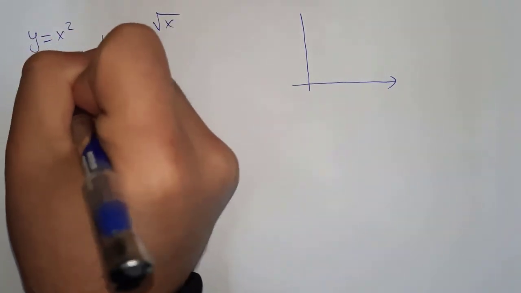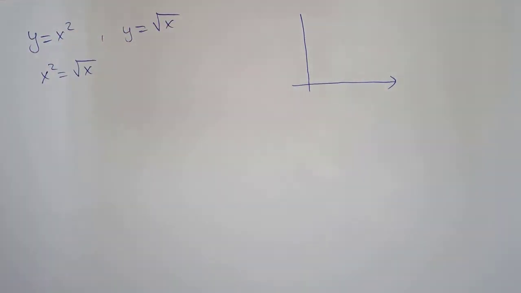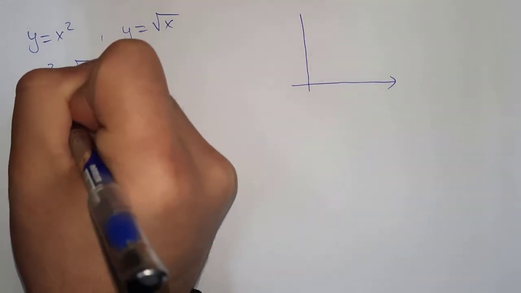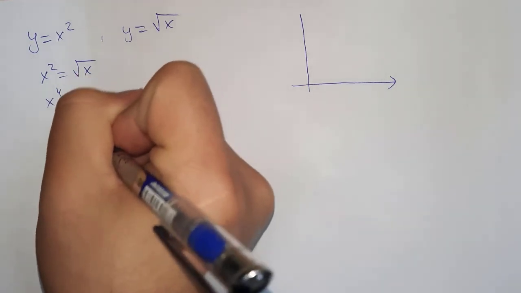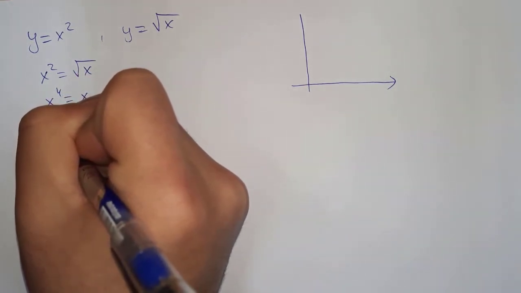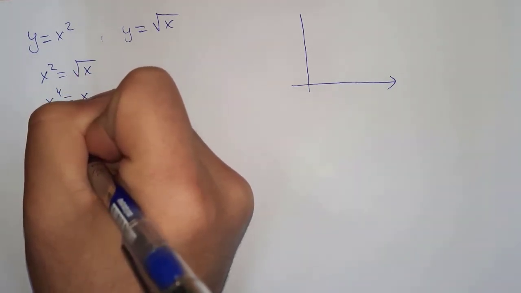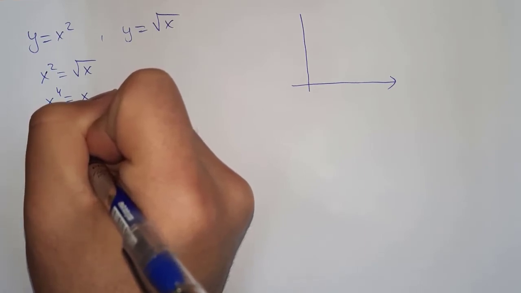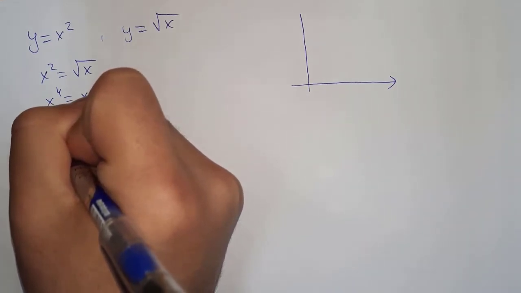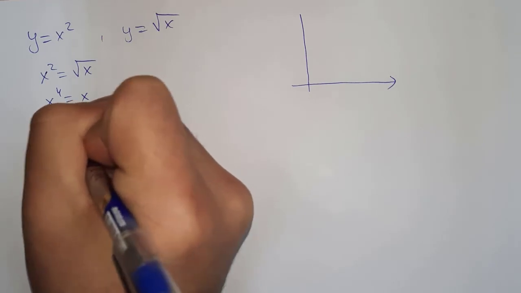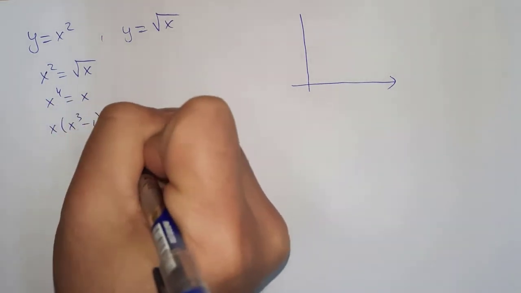So x squared equals square root of x. So it will be x to the fourth is x, or x cubed minus 1 is 0.